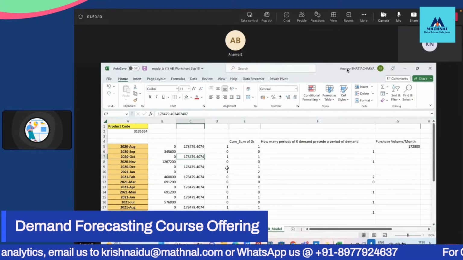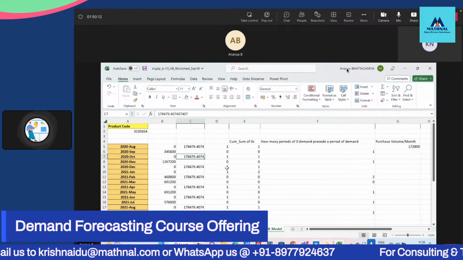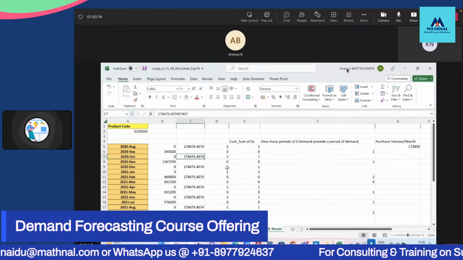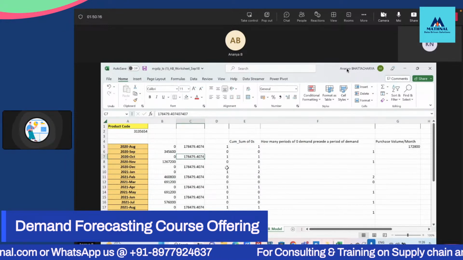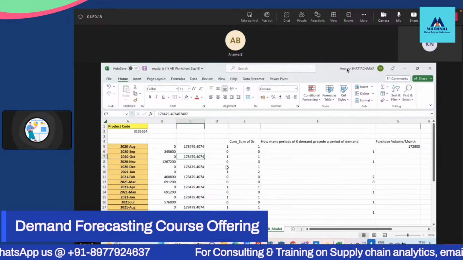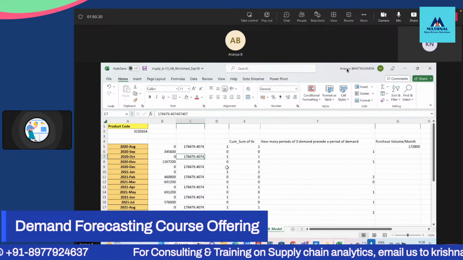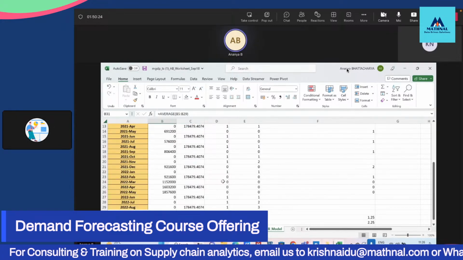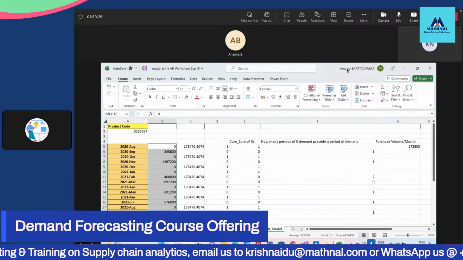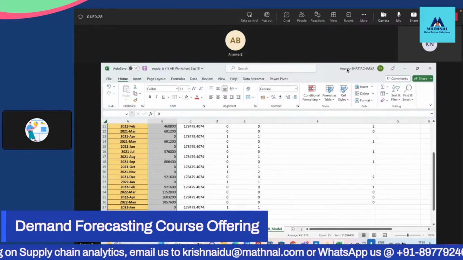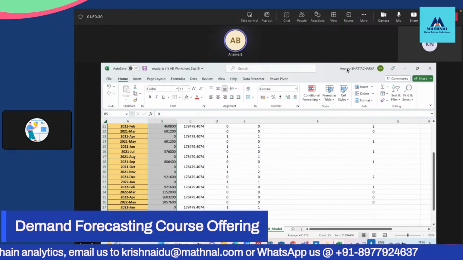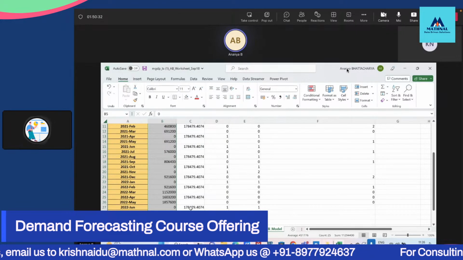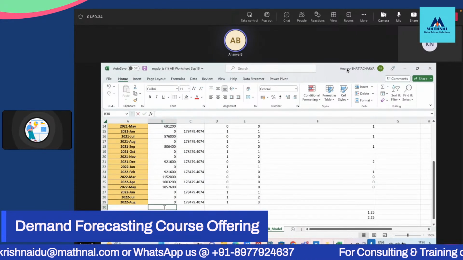How many periods are these? Just count it. Also do one thing: find the sum of column B, not average, sum of column B, and put the value there.